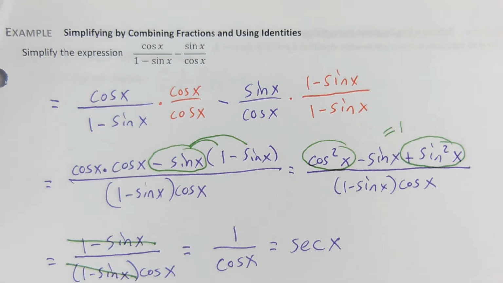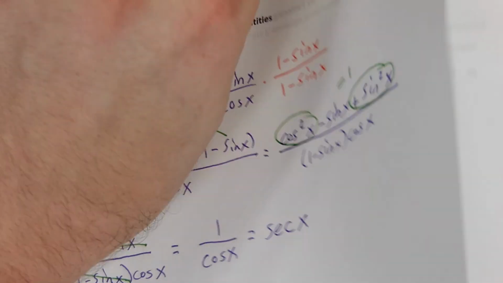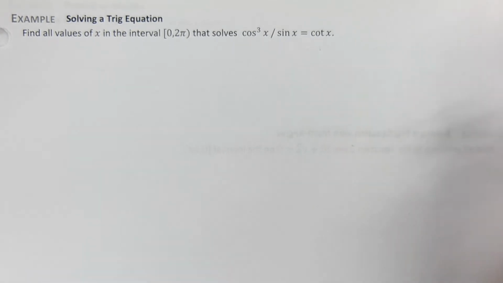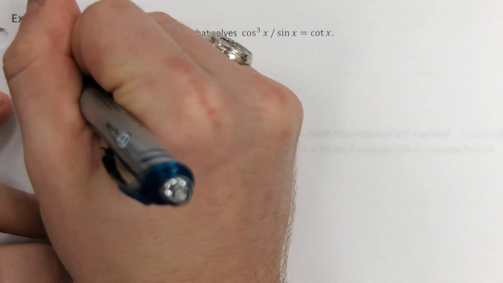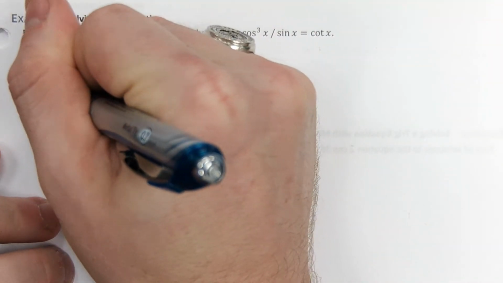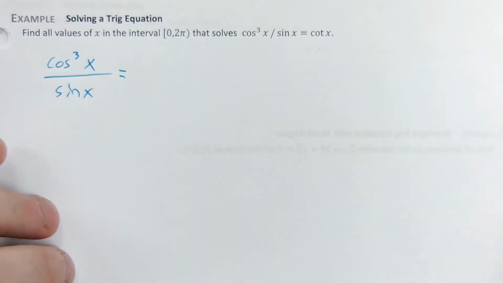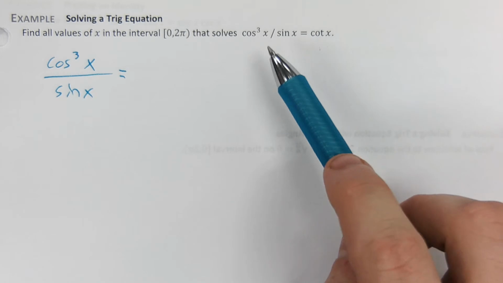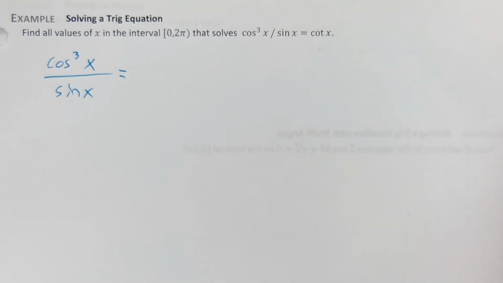No? Okay. Well, we're going to be spending the rest of this section solving trig equations. We are going to find all the times where cosine cubed x divided by sine x equals cotangent x. So the way it sits, not too helpful because this side of the equation is a fraction. Wouldn't it be nice if this side of the equation was also a fraction?